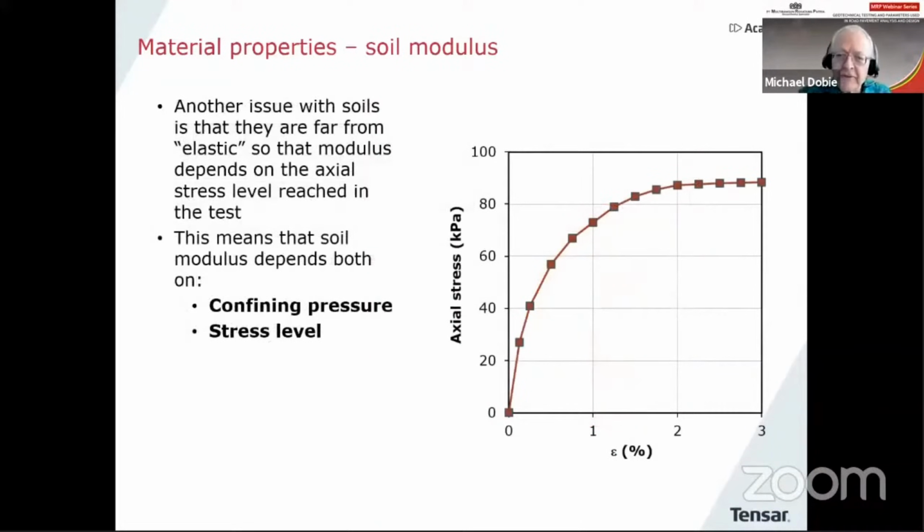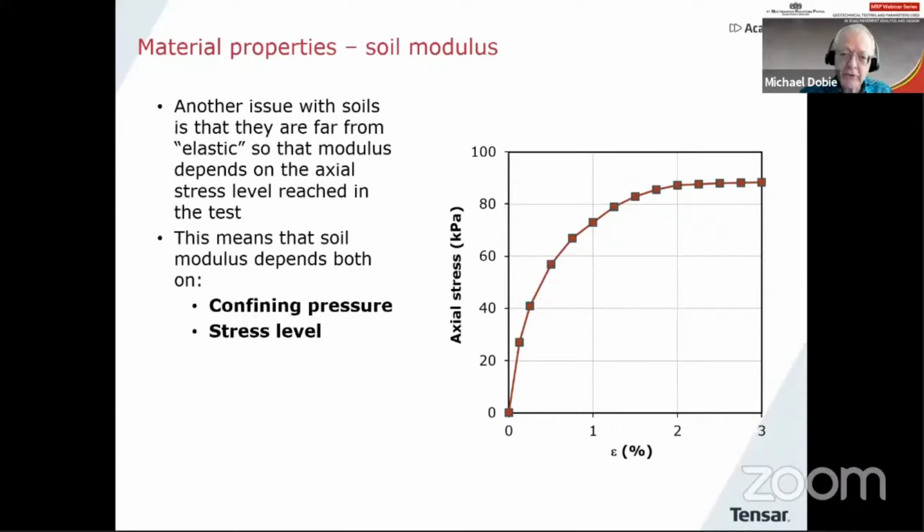And then there's another additional slight, let's call it confusion or addition to this behavior, is that when you do a test looking at axial stress against strain for a typical soil material, it's not linear. It'll be something like the graph you see there. So this means that the modulus that you measure is going to depend on the strain level or stress level.